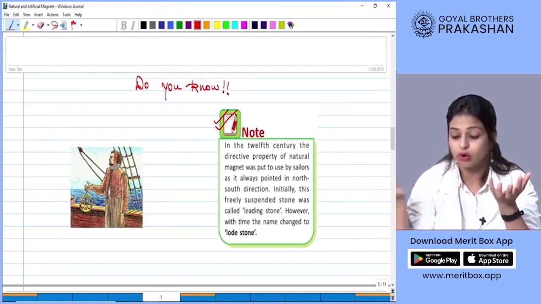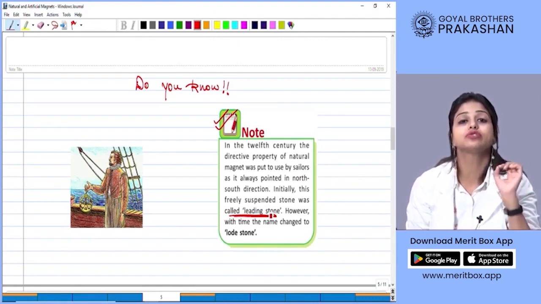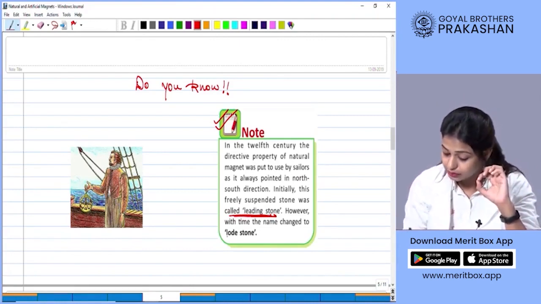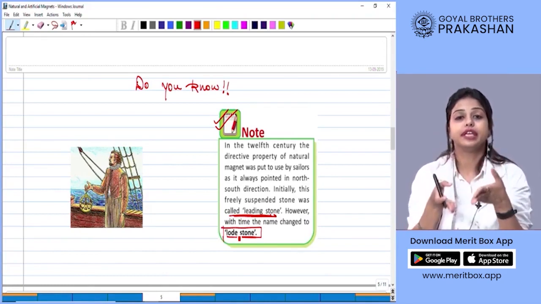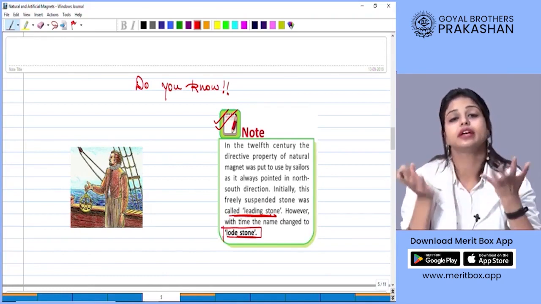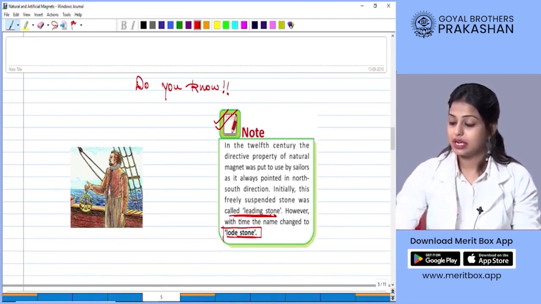Because of this, magnets started to be called by a name, leading stone, or it was later named lodestone. Why? Because it was leading the sailors in the right direction. Okay, students? Thank you.